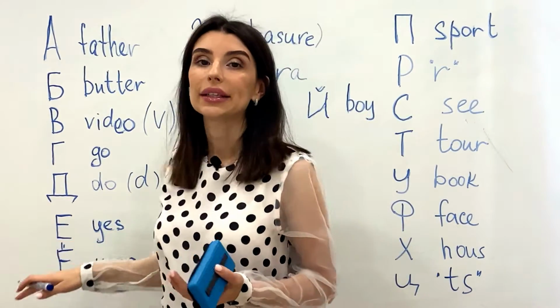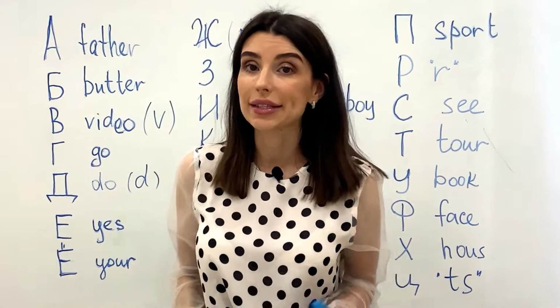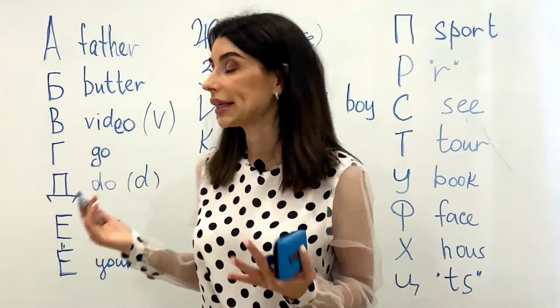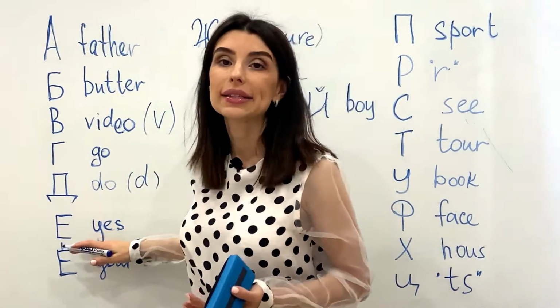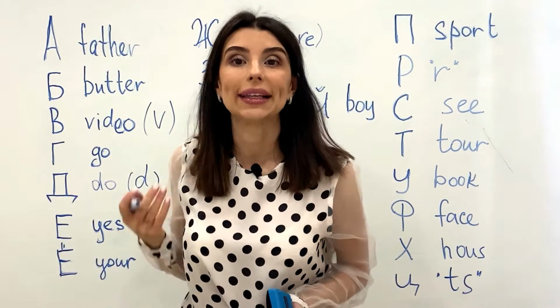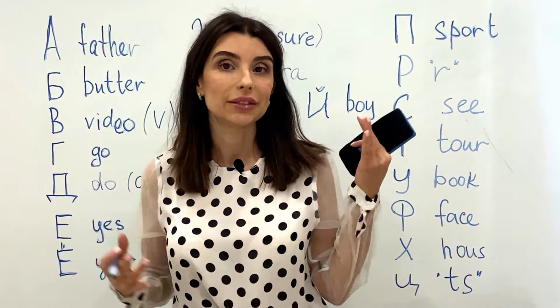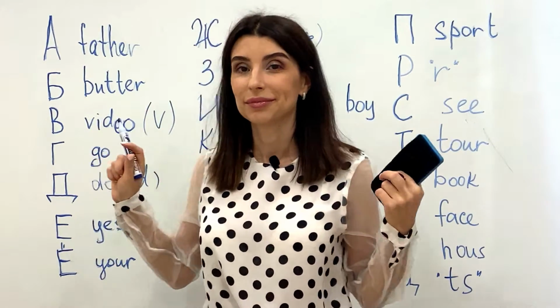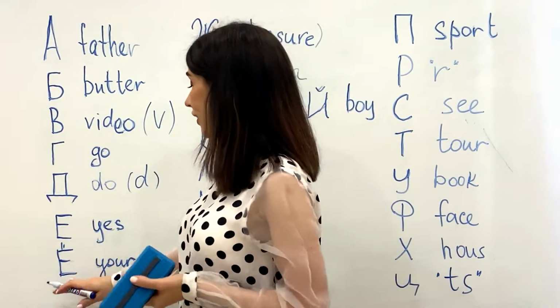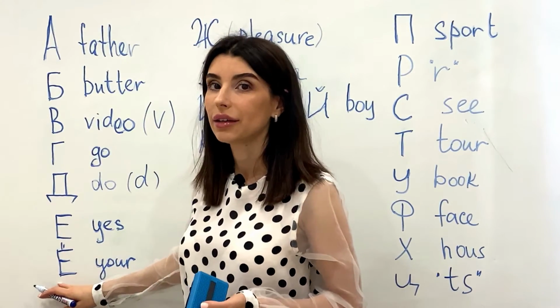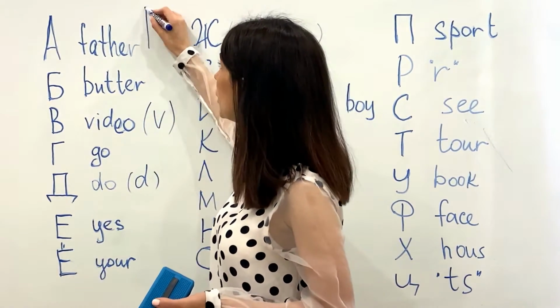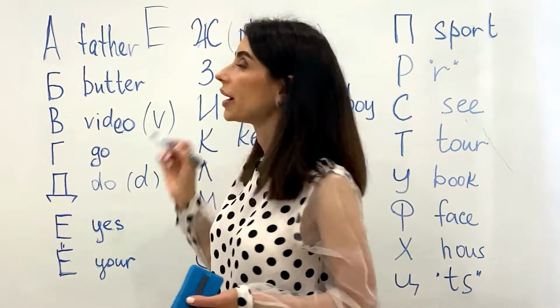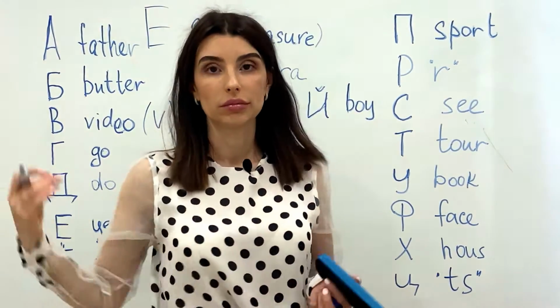Another one, it's not E, guys, it's yeah. Yeah is a yes. You can repeat after me, and I think it would be the same. Another one, yeah, but with two dots there.